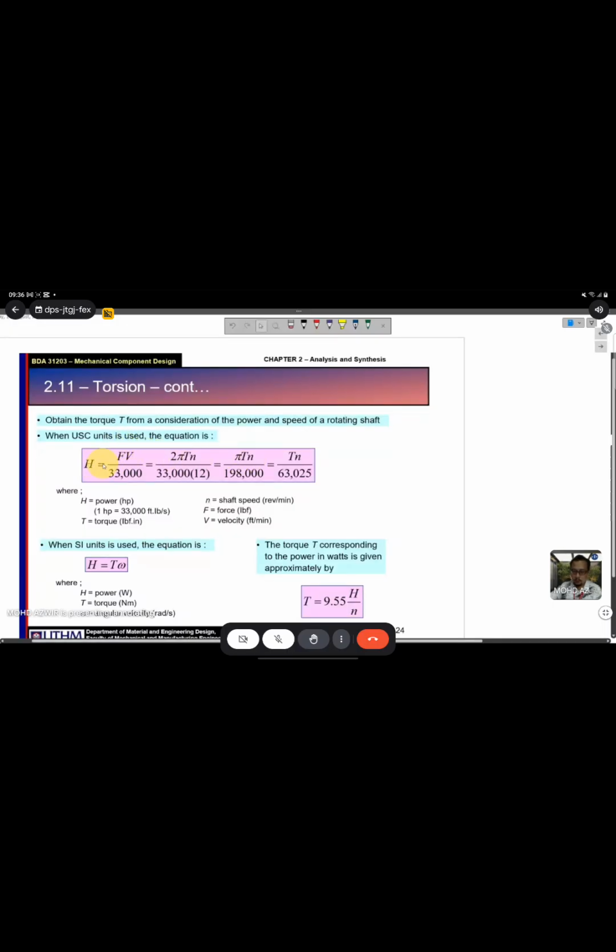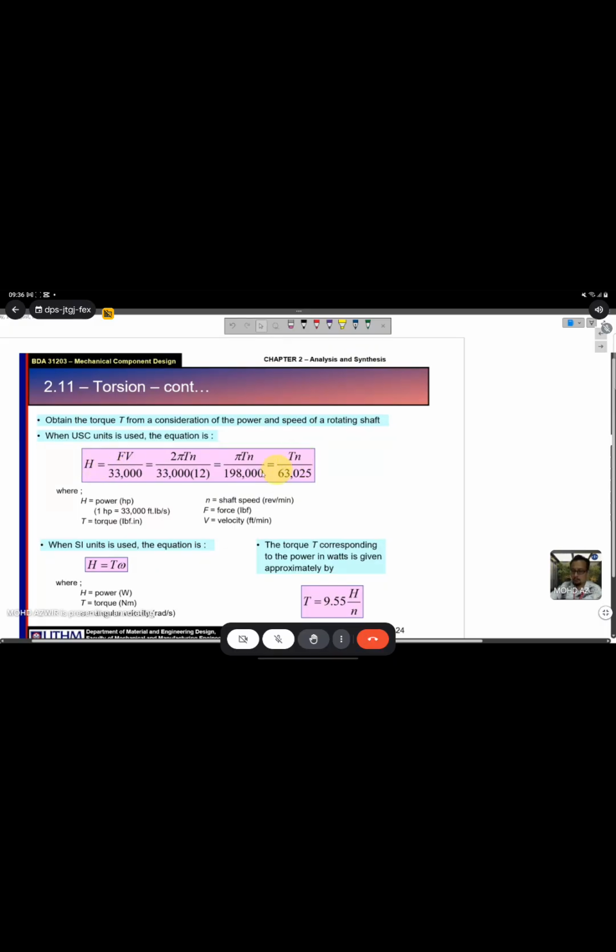The top one is the imperial unit, and the bottom one here is using the SI unit. So H is equal to power in horsepower, this one is imperial unit. From here you can calculate your torque if the power and the speed are given.